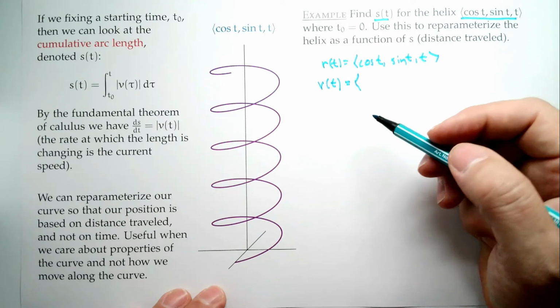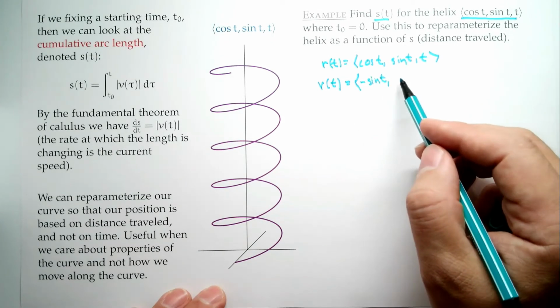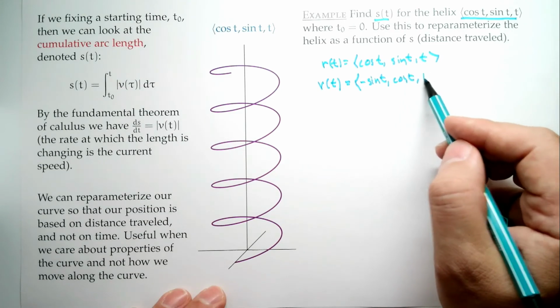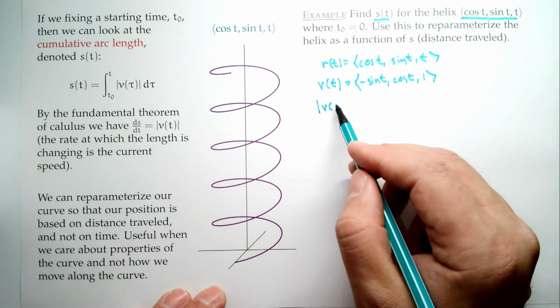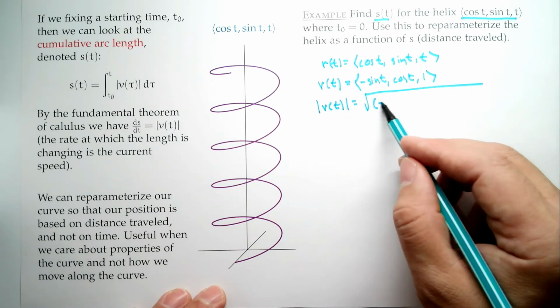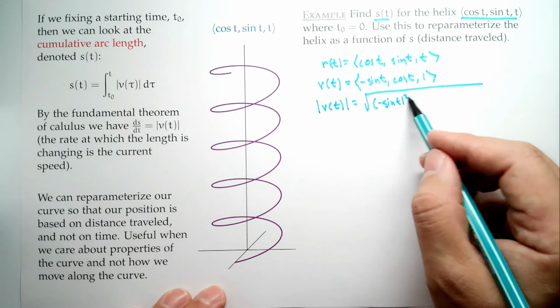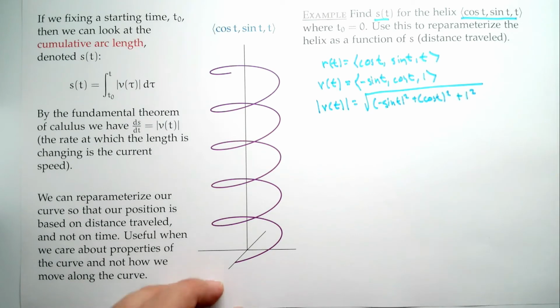So what's the derivative of this? Negative sine t, cosine t, and 1. So the magnitude of velocity, well, that's the square root of negative sine t squared plus cosine t squared plus 1 squared. All right? Do we complete the square on this one?